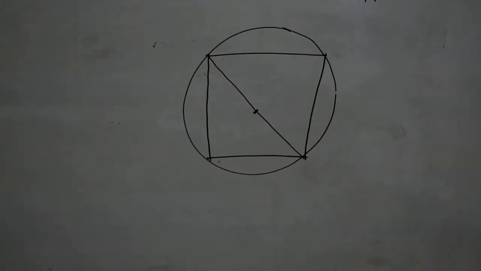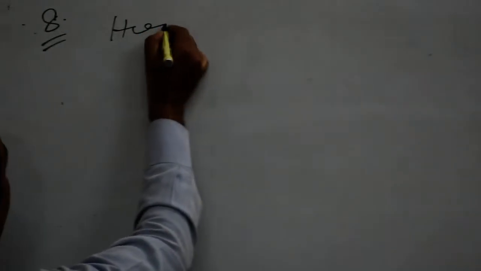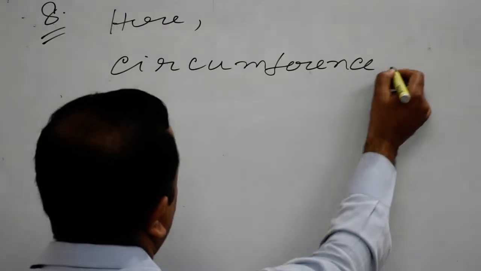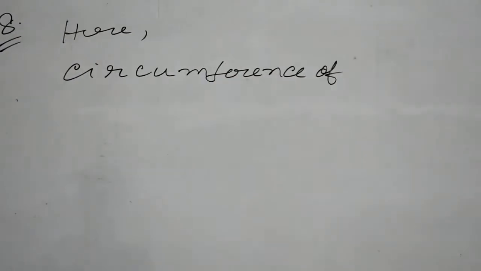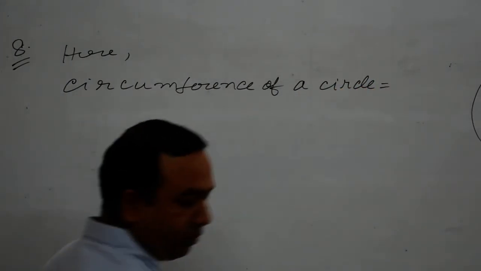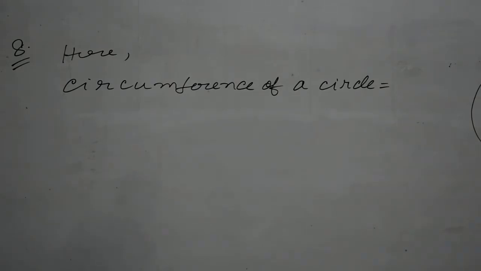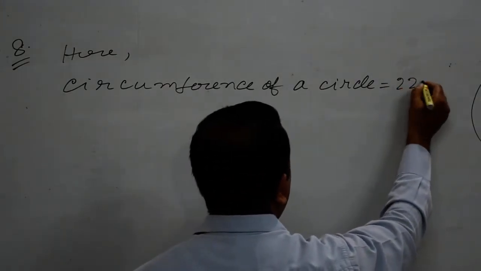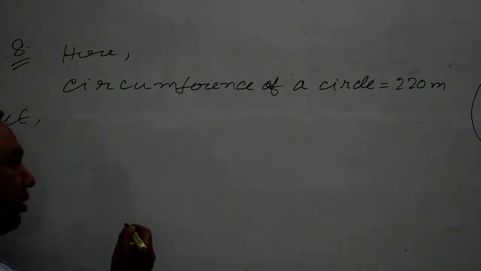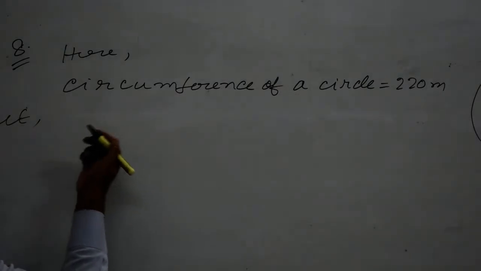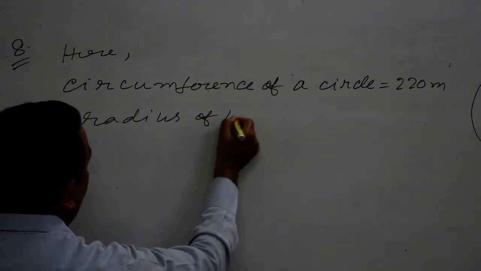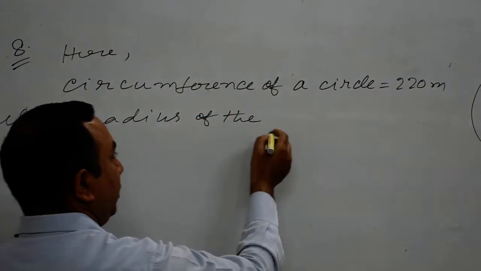So which thing is given here, or what is the given information? Circumference of a circle equal to 220 meter. For writing the formula, you have to introduce two pieces of information, like the radius of the circle or the diameter of the circle.